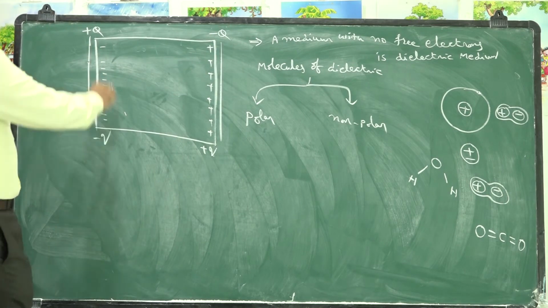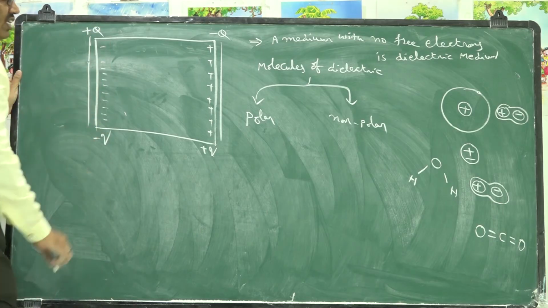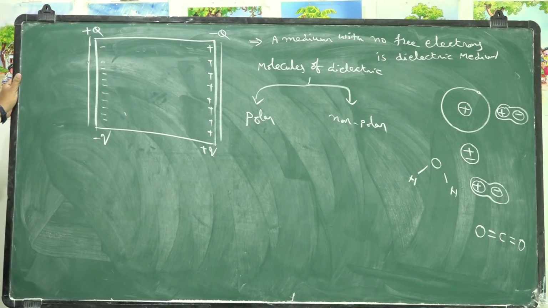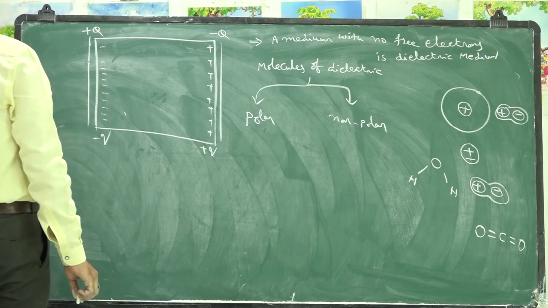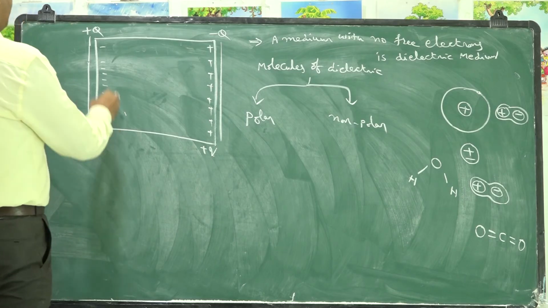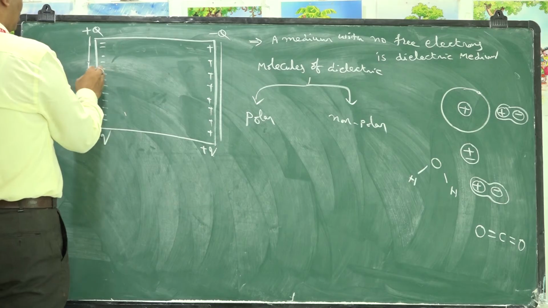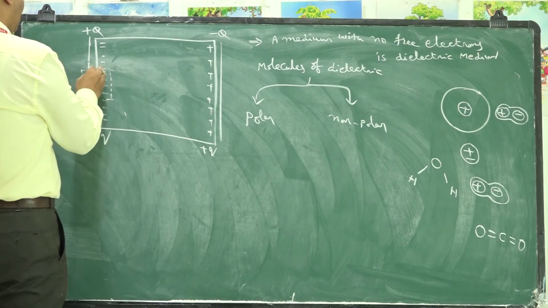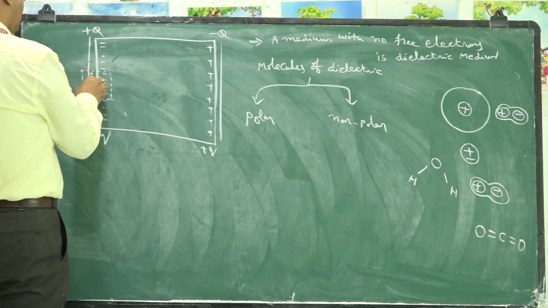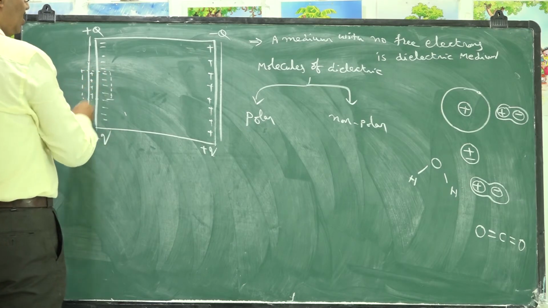What is the relationship between capital Q and small q? That is our discussion now. To know the relationship between capital Q and small q, let me take a small Gaussian surface here. Actually here positive charge is present, here negative charge is induced.